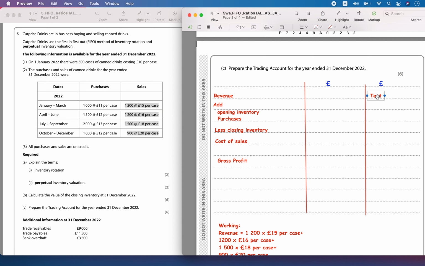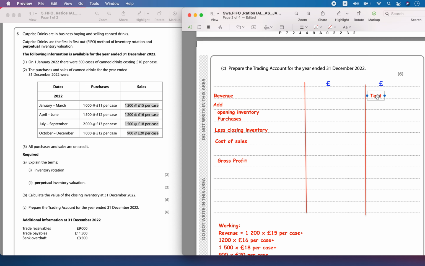Then we will have to include the opening inventory. It is 5,000, so let's include it, plus purchases. Let's add up all the purchase values: 2,000 into 30 plus 1,000 into 12.